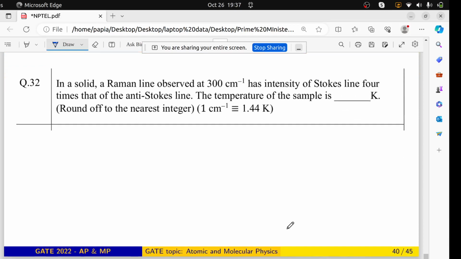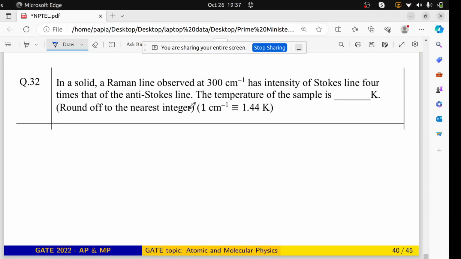Okay. So this is the question, and how to solve it. First of all, the question is telling that the Raman line is observed at 300 centimeter inverse. So what is 300 centimeter inverse basically? 300 centimeter inverse is nothing but the nu bar, not nu. Okay, and one more thing was given here, the intensity of the Stokes line.